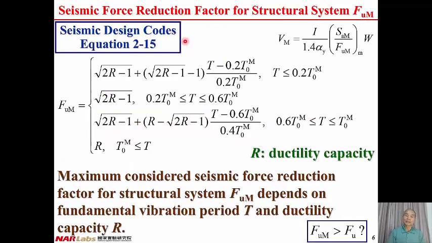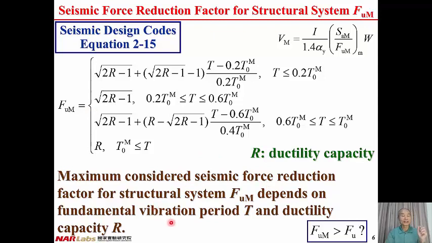From seismic design codes, the seismic force reduction factor for structural system due to ductility can be determined by equation 2-15. Maximum considered seismic force reduction factor for structural system due to ductility, FUM, depends on two factors.